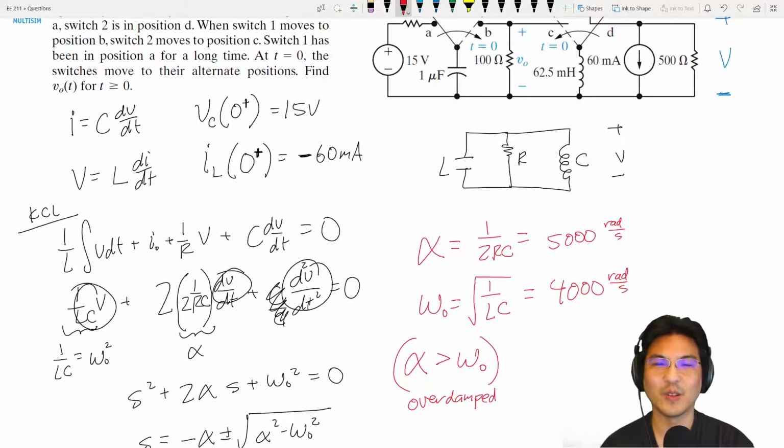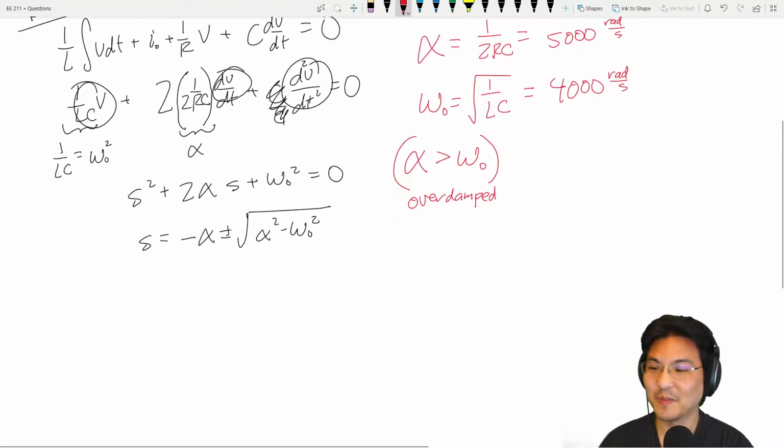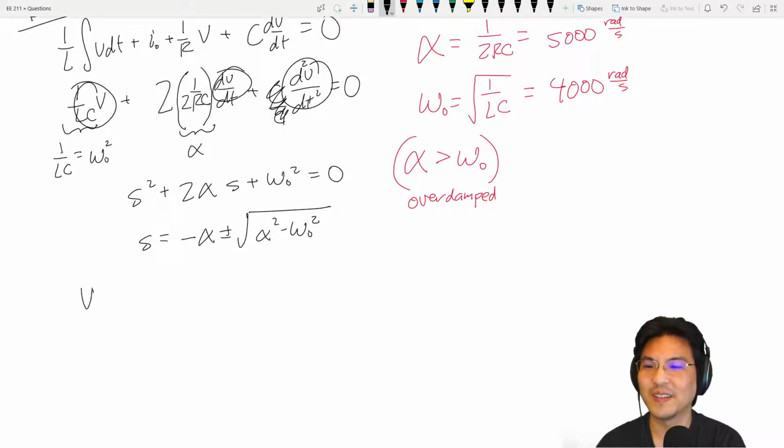Okay, and then you just look up for an overdamped system, the solution looks like some arbitrary coefficient e to the minus alpha minus this.